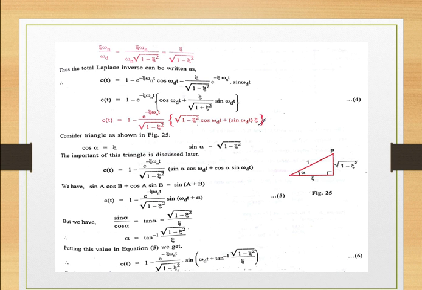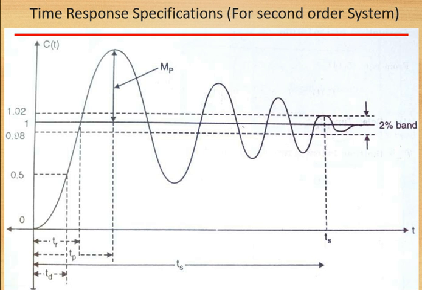As per this diagram and the different parameters, you will get the values of the time domain specifications like tr, tp, td and ts. So this is the time response specification for a second order system.